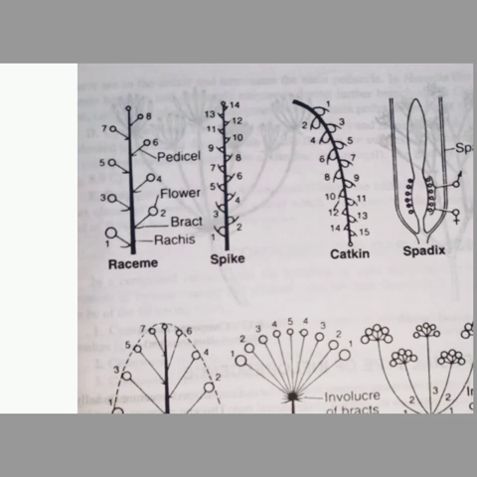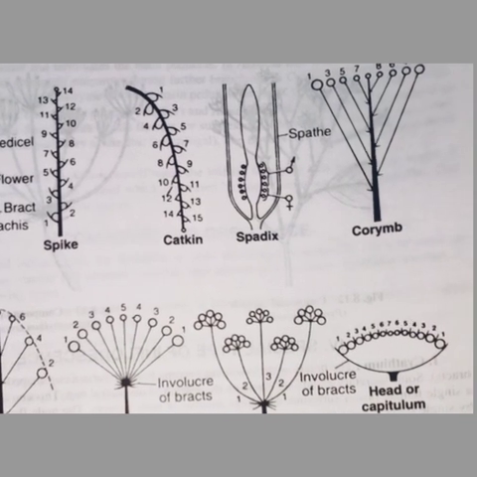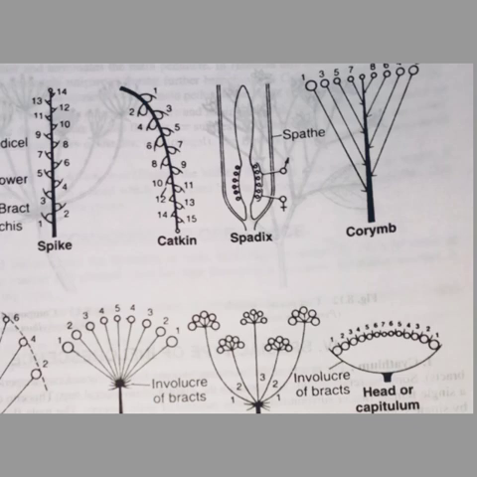The same thing will be here in case of spike, but their flowers are not pedicellate but sessile. In the case of the catkin, the spike, if inverted, meaning pendulous spike, is called catkin, and also the older flowers are at the base and the newer flowers are at the top.